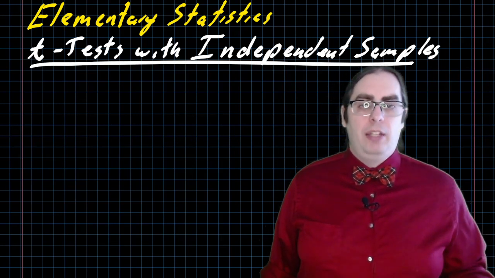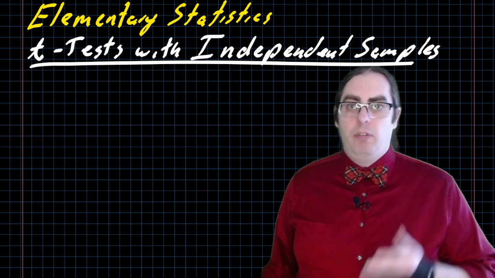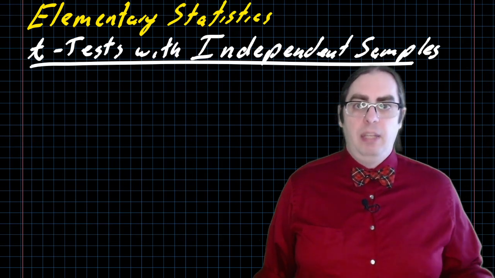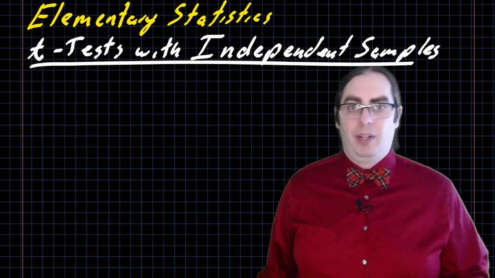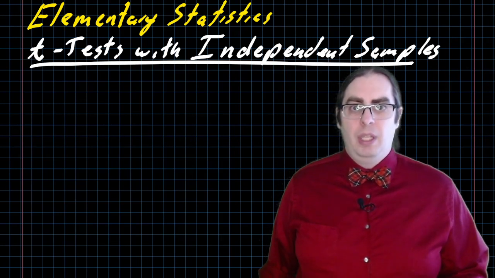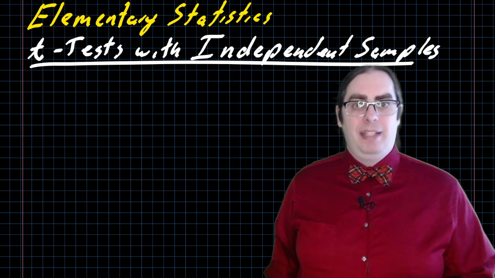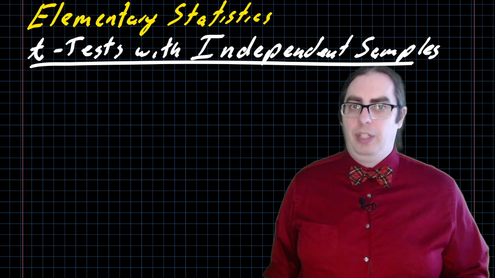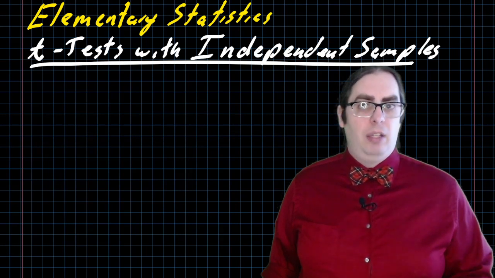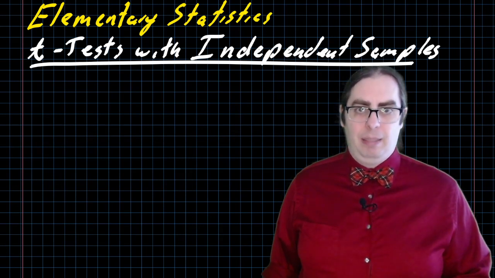When you do that, you have paired data. For each member of the sample, you have their before and their after data, and you can compare each of them. That's what's known as a dependent sample. We'll talk about how to deal with dependent samples in a future video. For right now, let's focus on independent samples.